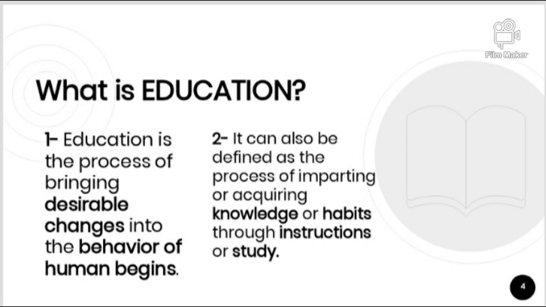Number two, it can also be defined as the process of imparting or acquiring knowledge or habits through instruction or study. So here we have the acquisition of knowledge or habits, or studying. That's the definition of education.